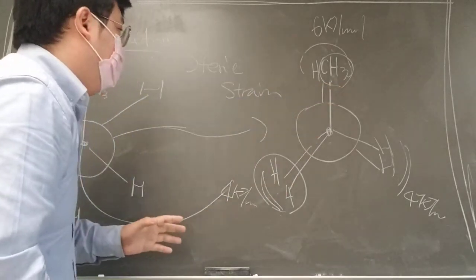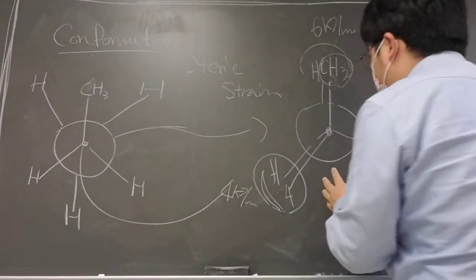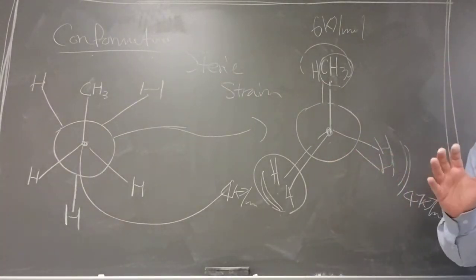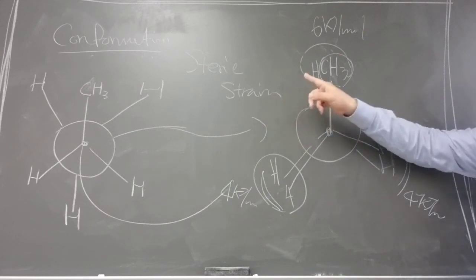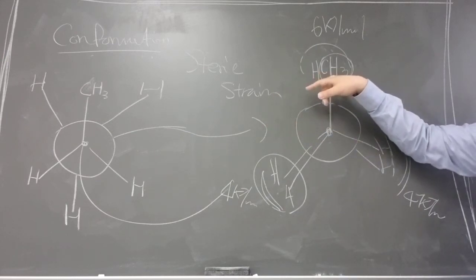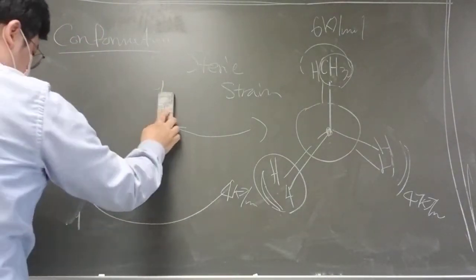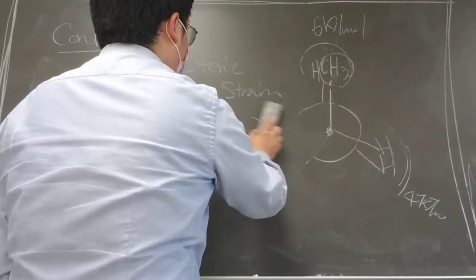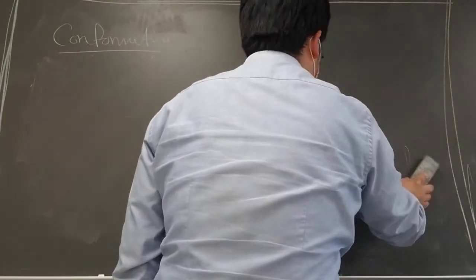Okay, perfect. So in this case, we also have a torsional strain, and also the steric strain because of this methyl over here. Okay, so now the question is, how about butane?